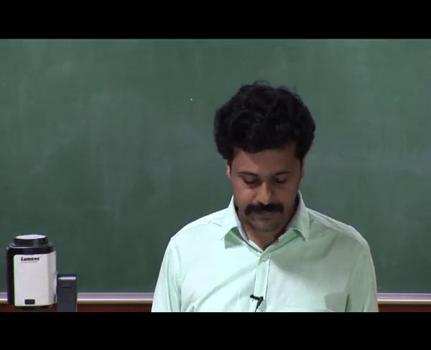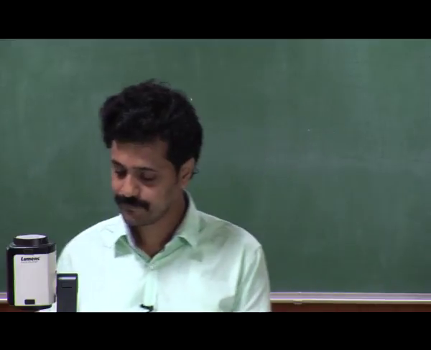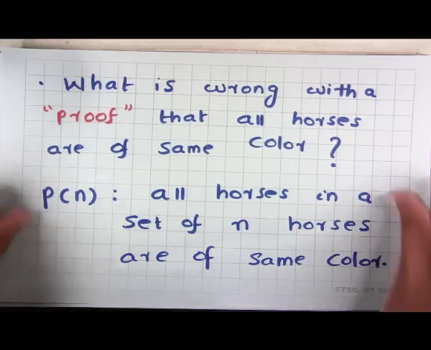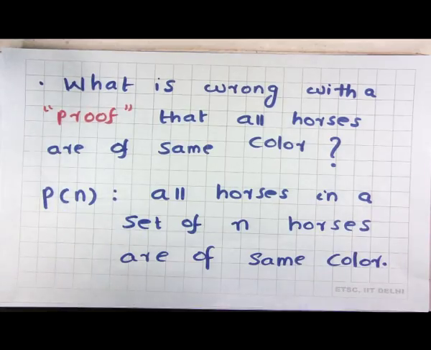Now, let me proceed with another example. What is wrong with a proof? Again, see that proof is in quotes, that all horses are of the same color. The statement is P of n: all horses in a set of n horses are of the same color.